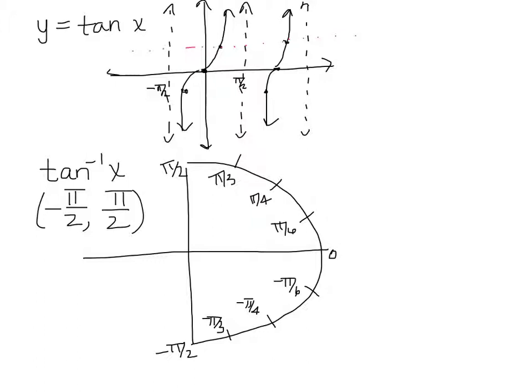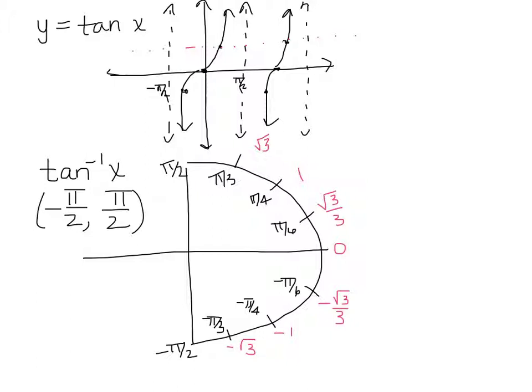Pi over 6 is the square root of 3 over 3. Let's do these in a different color so they stand out. This is 1, and this is just the square root of 3. And then down here, these are the negatives. Because in this quadrant, tangent is negative.